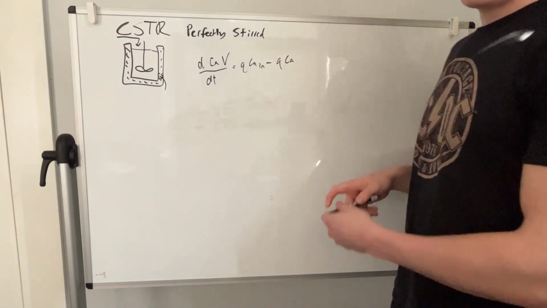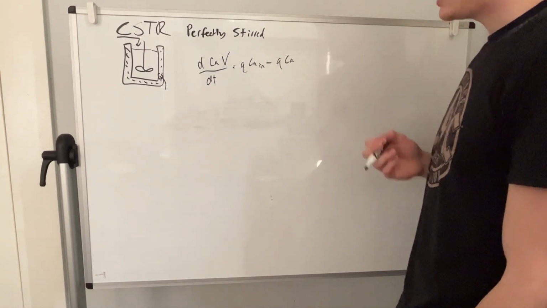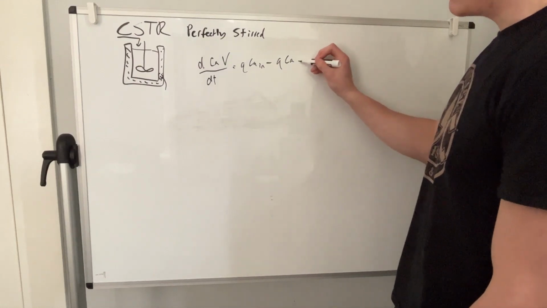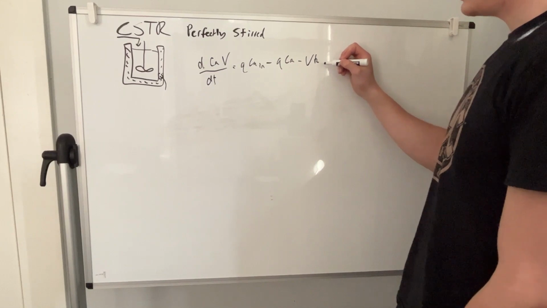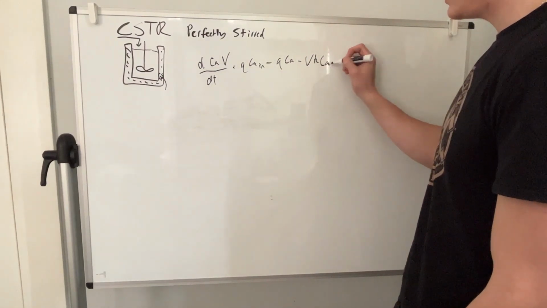And one more thing that will affect the amount of A in the tank is the reaction that will constantly be taking place. And this reaction will be represented by our volume times our reaction constant, K, times the concentration of A in the tank.